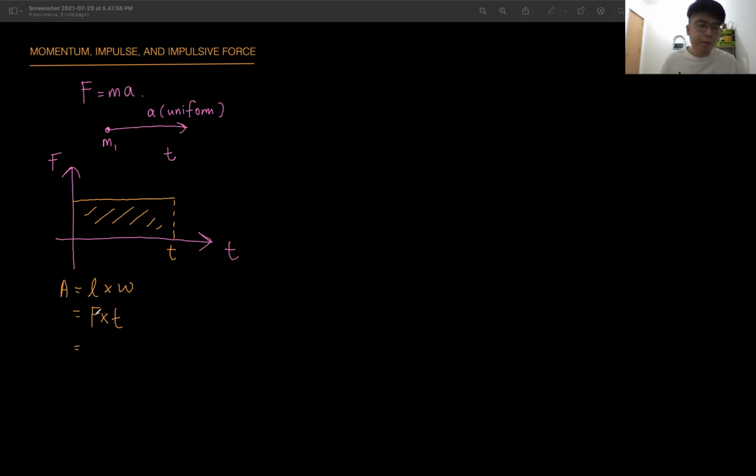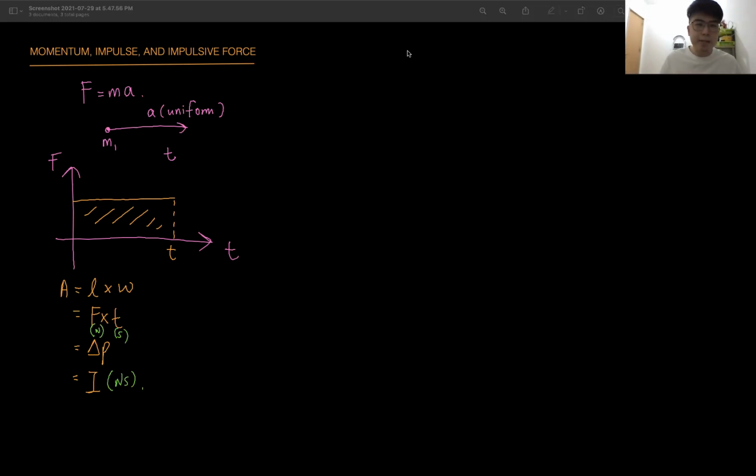F times t, that's impulse, right? So change in momentum equals impulse I. F is in Newton, t is in second, so impulse has a unit of Newton second. So impulse is a change in momentum.